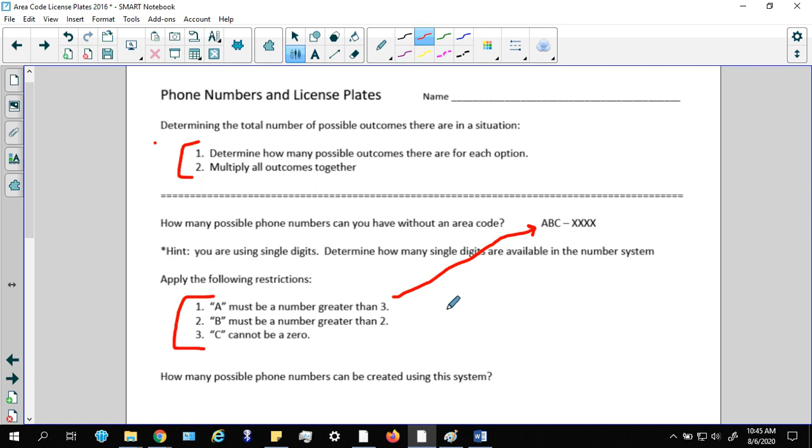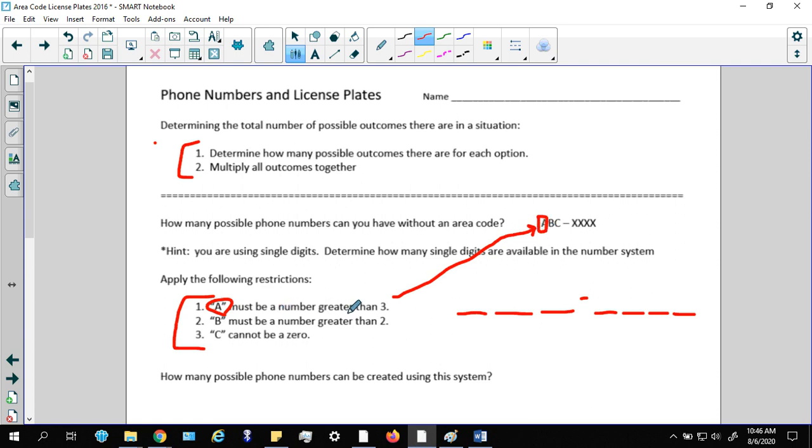So what I like to do is create blanks. First number, second number, third number, there's my little dash, like in a phone number. I'm writing with my mouse, so it might be a little weird. It says A must be a number greater than 3. Notice that A is the first number of our phone number here.